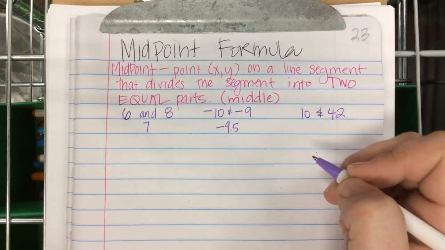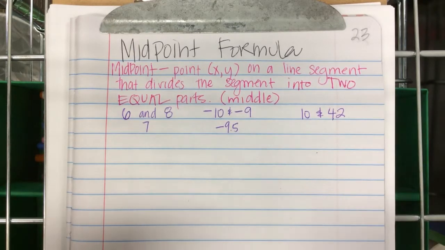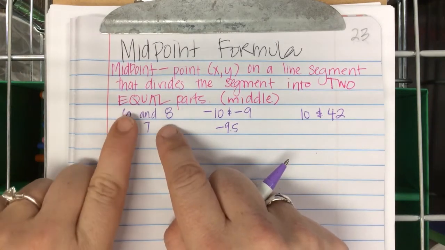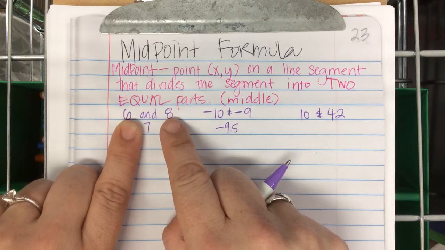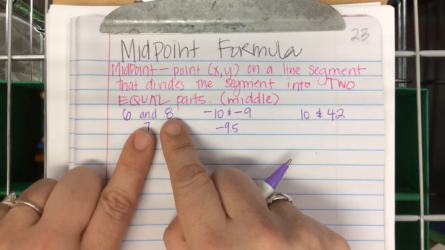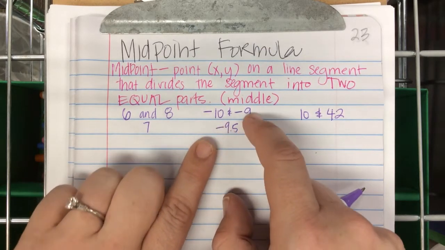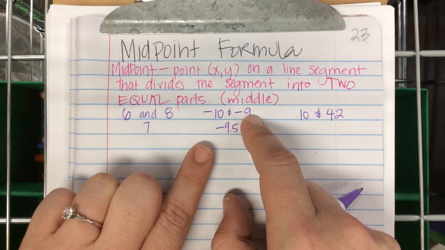Okay, so you want to find the what of those two numbers? The middle, right? And to find the middle of two numbers, if I did 6 plus 8, you get 14. Divided by 2 is 7. -10 plus -9 is -19.